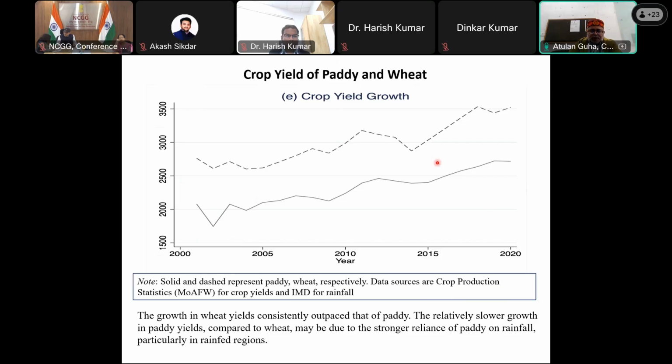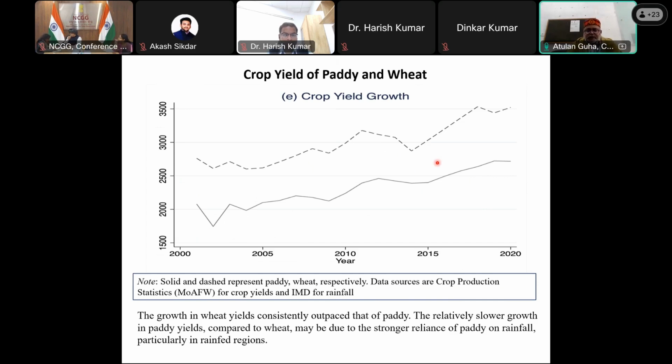Compared to the wheat. Since we have seen in the previous slide that there is a lot of interlinked relationship between the rainfall and the crop yield, the paddy is showing a lower growth rate, maybe it is associated with rainfall sensitivity.